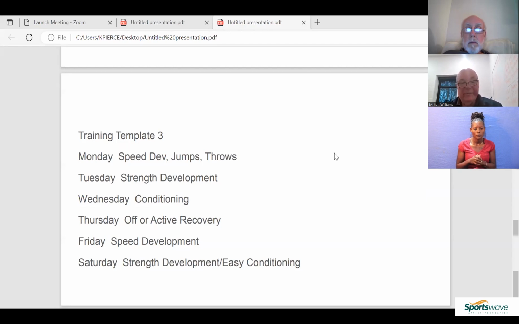Any other questions about what comes first, strength or skill to develop speed? I think they have to coexist at the same time. Skill alone won't get you there, but neither will strength.